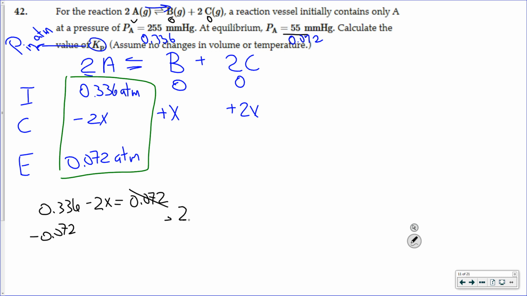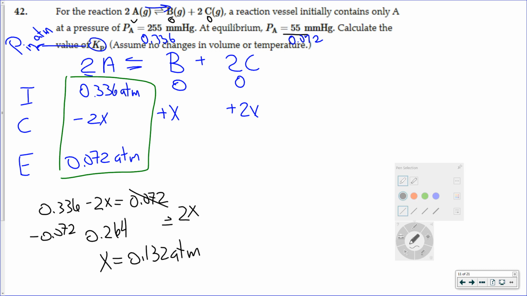So 0.336 minus 0.072 equals 2X, and I get 0.264 is equal to 2X. Divided by 2, X is equal to 0.132 atmospheres.